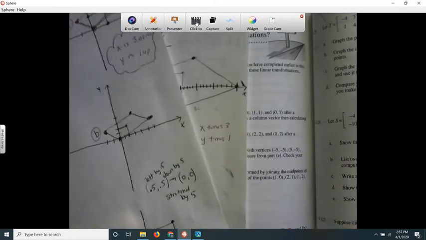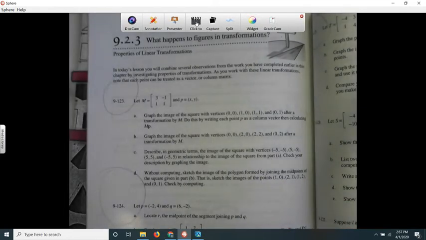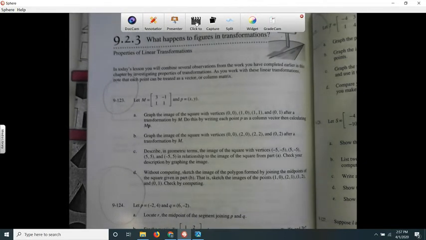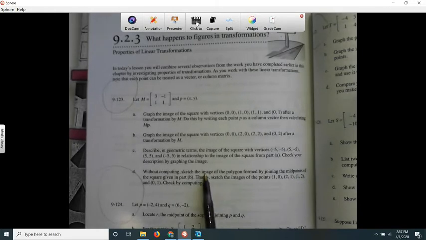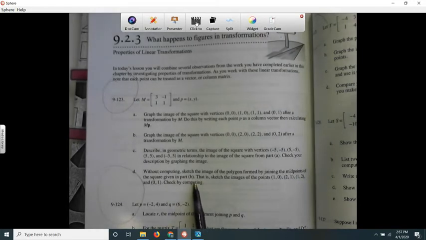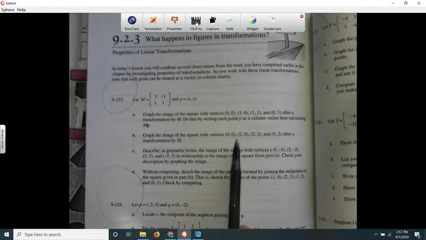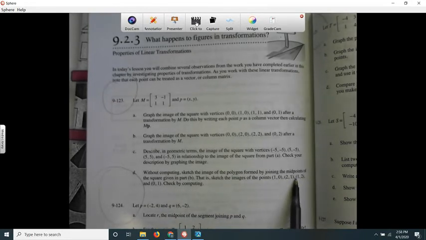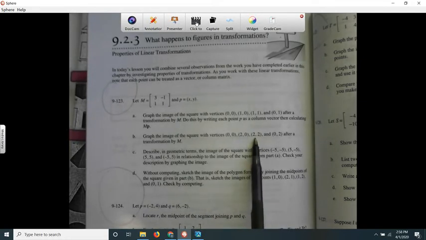Okay, what else does it ask us? Without computing, sketch the image of the polygon formed by joining the midpoints of the square given in part B. The square given in part B, so that's this square. That is, sketch the image of these points that they give right here. These are the midpoints of that square.